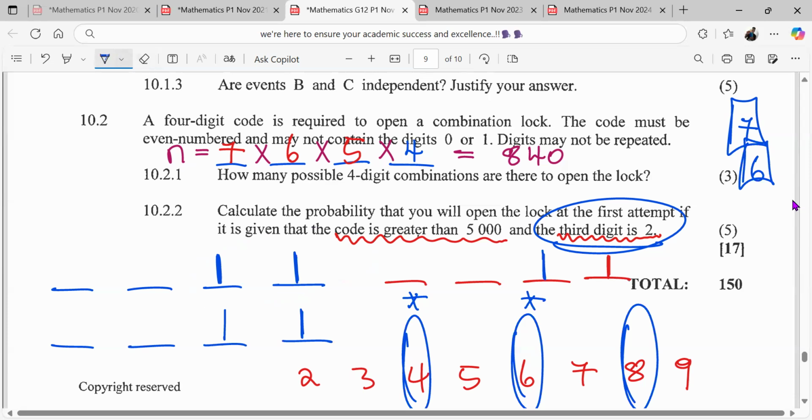And the answer is no, because we know that the code must be greater than 5,000, which means that I can choose a 5, a 6, a 7, or an 8, or a 9, which means I actually have 5 numbers from which I can choose in order to place the first one on the first position. So then, 3 numbers have been used up out of 8 numbers. So, how many numbers can I choose in order to put a number here? Well, I can now choose 1 number from 5 numbers.